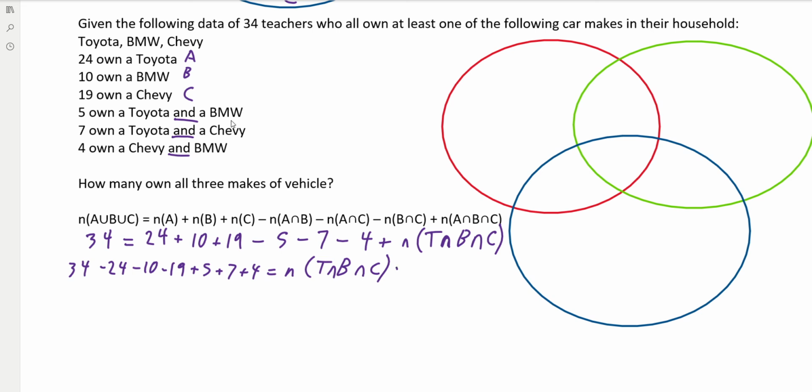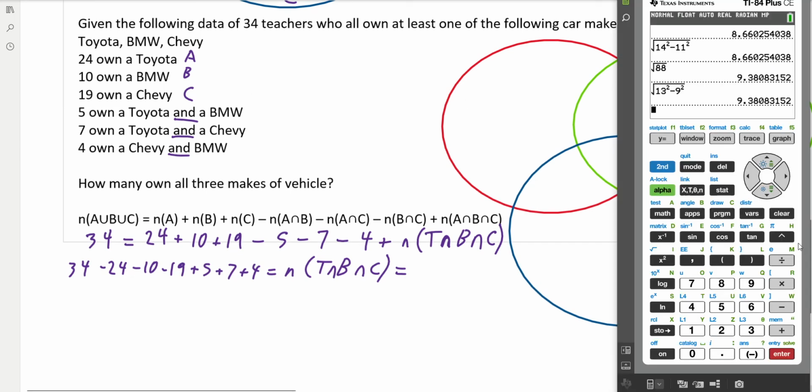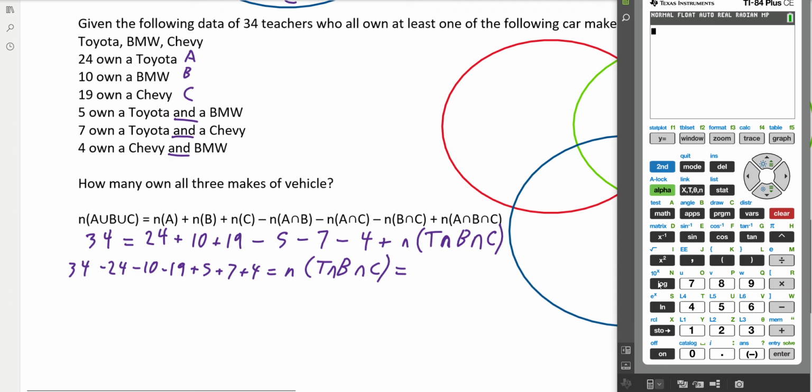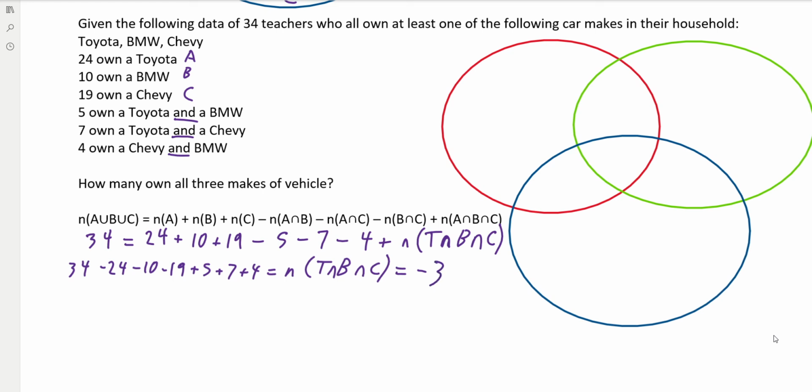Okay, and so if we just go ahead and plug that into our calculator, where's my calculator? Here it is. So 34 minus 24 minus 10 minus 19 plus 5 plus 7 plus 4 equals -3.